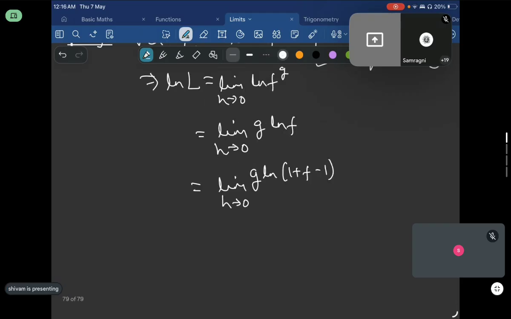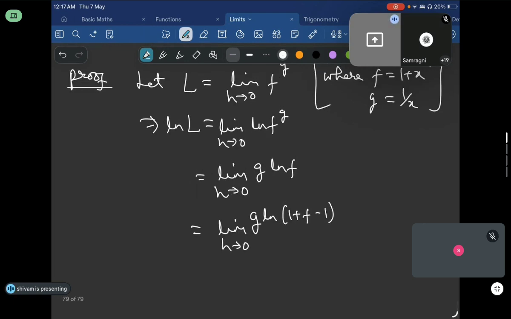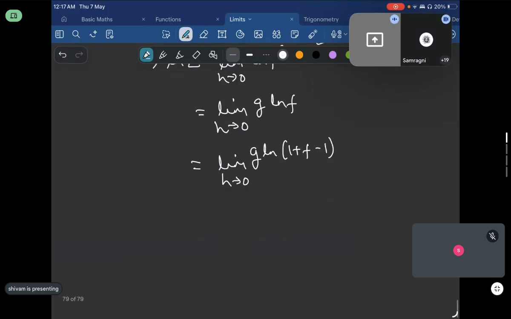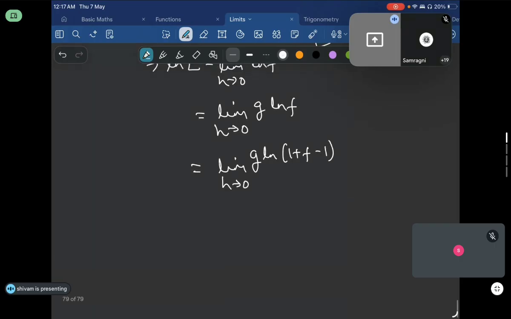Pay attention. Instead of f, can I write it as 1 plus (f minus 1)? Yes or no? So ln of 1 plus (f minus 1), I have to convert it into standard form.